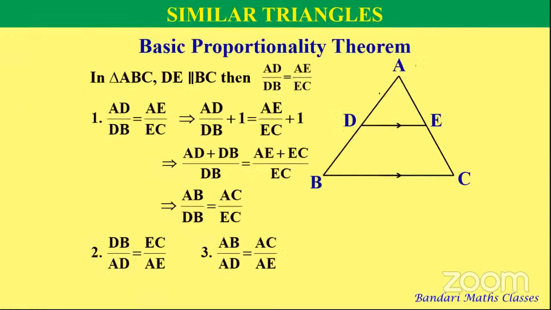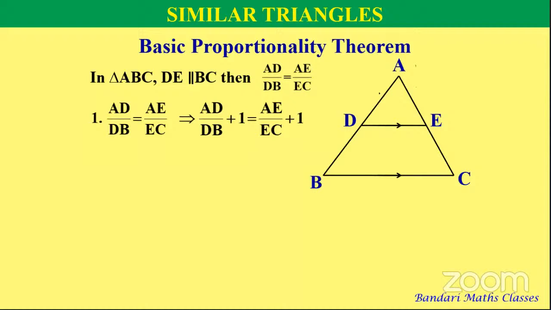Sanjana, what is your doubt? Because of a network problem, it got stuck. Will you explain the first step? This is the theorem. We add DB and 1 on both sides. When we add AD by DB plus 1, DB is the LCM.